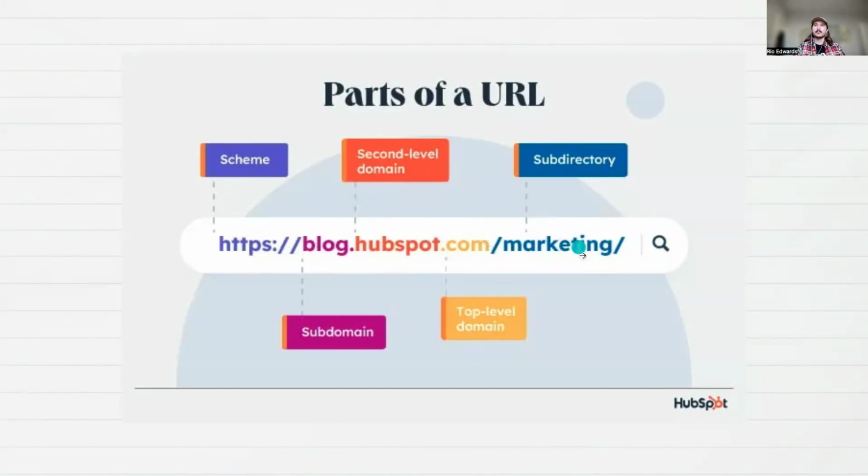And then that computer decides, okay, now you want this specific data here, which could be this subdirectory. This would be either a website page, or in the case of an API, you're requesting specific data, like marketing data here.